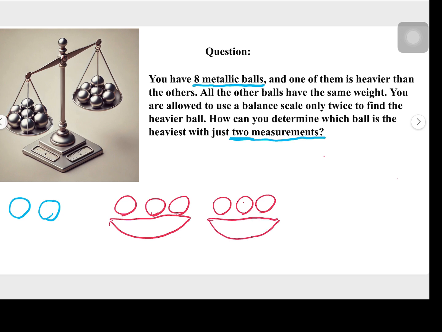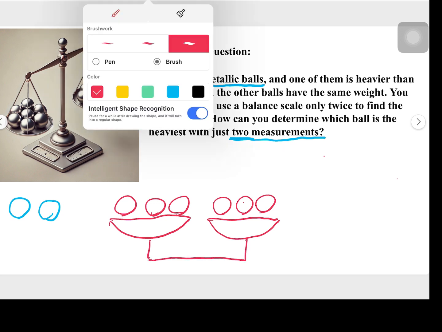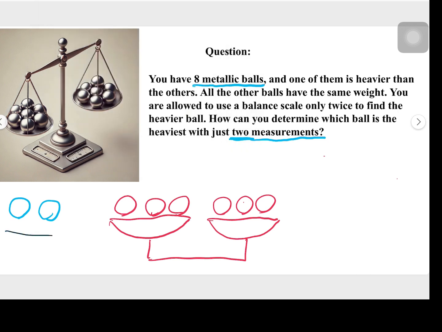And if I see balance here, in that case the pair which was set aside should be tested. So I will use only 2 measurements for that. If I test the pair, I'll find which one is heavier.